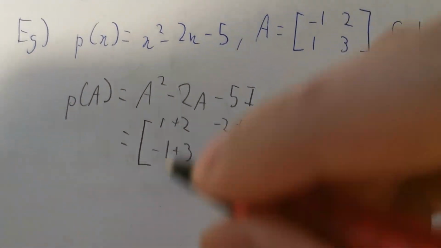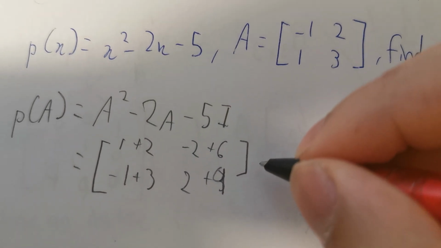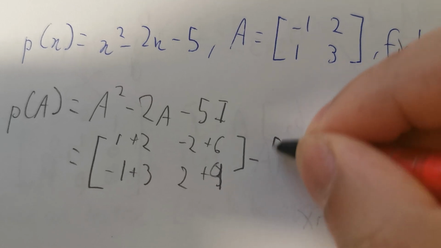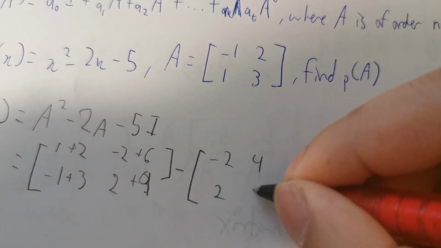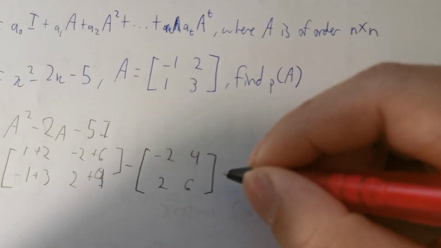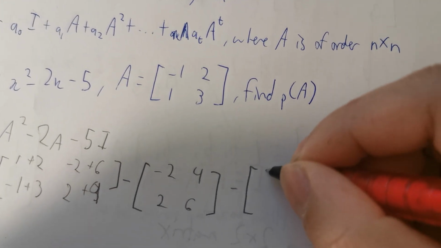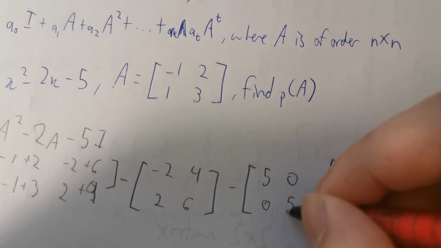And then the minus 2A is just double this, so that'll be minus 2, 4, 2, 6. And the 5I is just the identity matrix multiplied by 5.